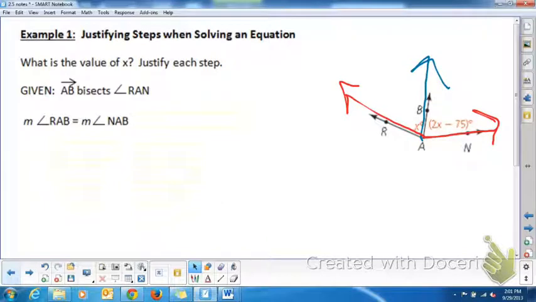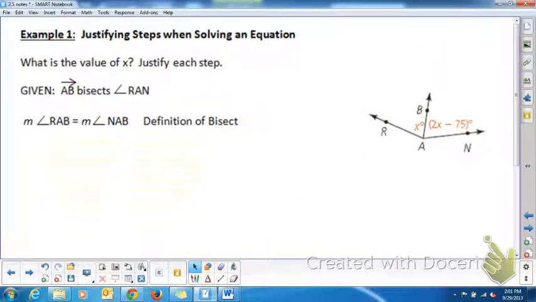Therefore, we know the measure of angle RAB is equal to the measure of angle NAB by the definition of bisects. So this is the reason we can give. The measure of angle RAB is equal to the measure of angle NAB using the definition of bisect. That word tells us that it cuts this angle into two congruent angles.